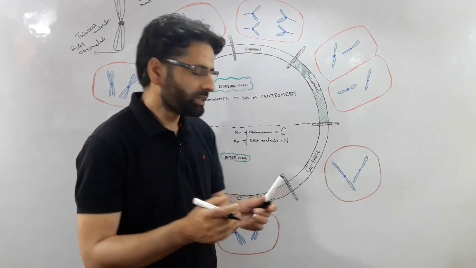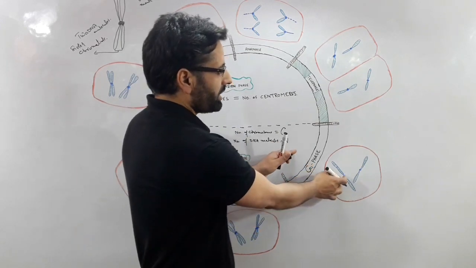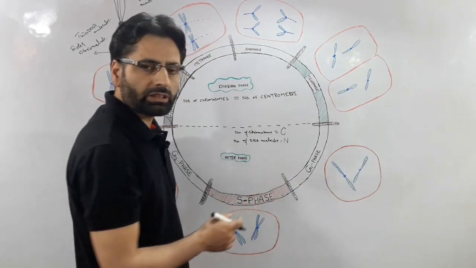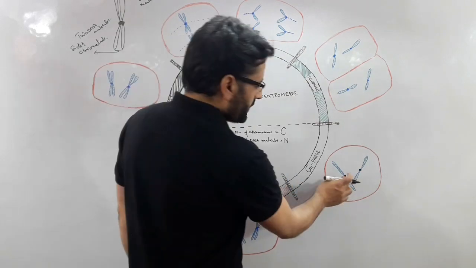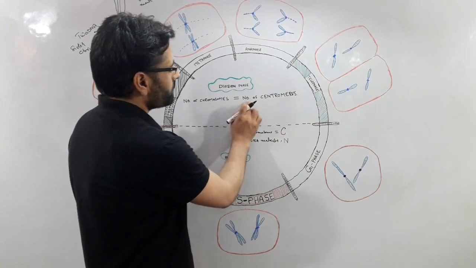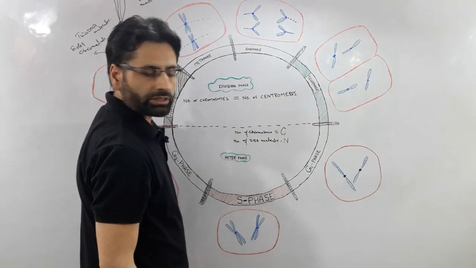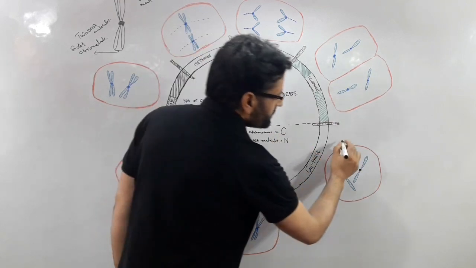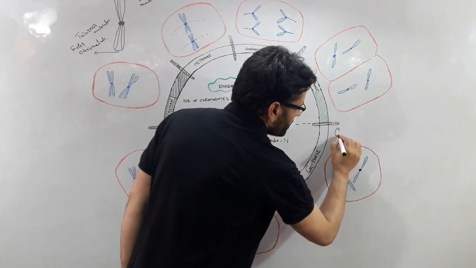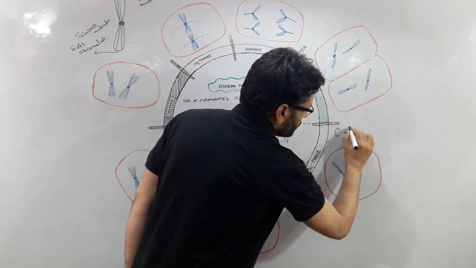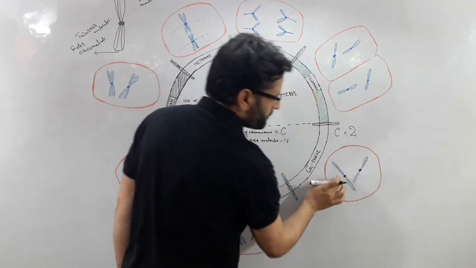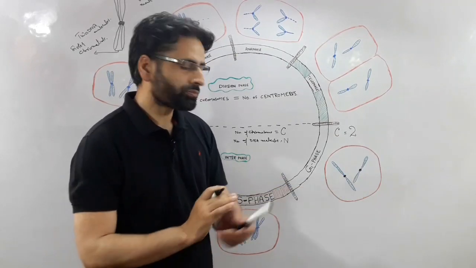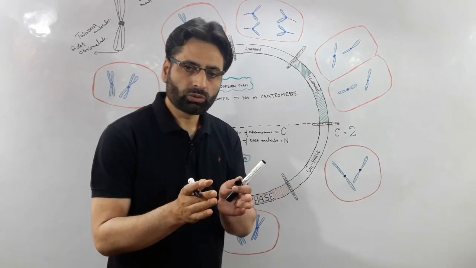To make it simple, let us assume that at this stage we have the genetic material in the form of chromosomes. It will be easy to count in this form. As I told you, the number of chromosomes is equal to the number of centromeres. So in this cell the number of chromosomes, represented by C, is 2, because the number of centromeres is only 2.